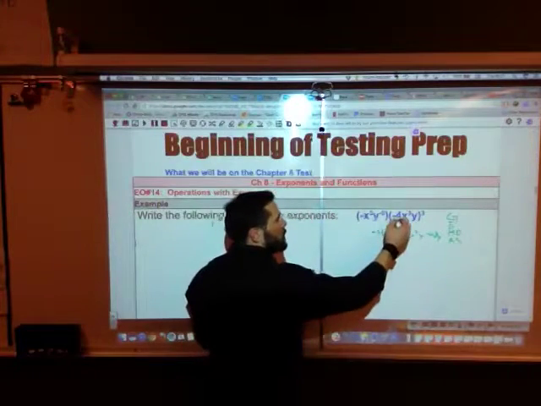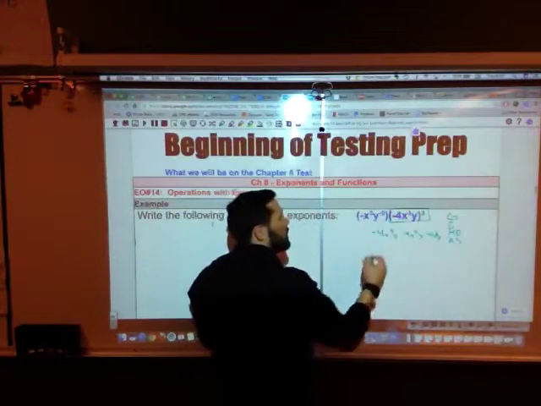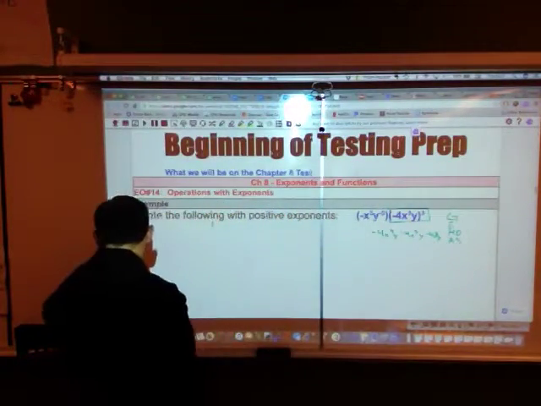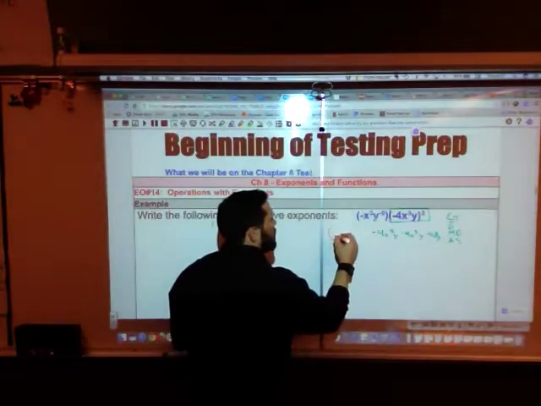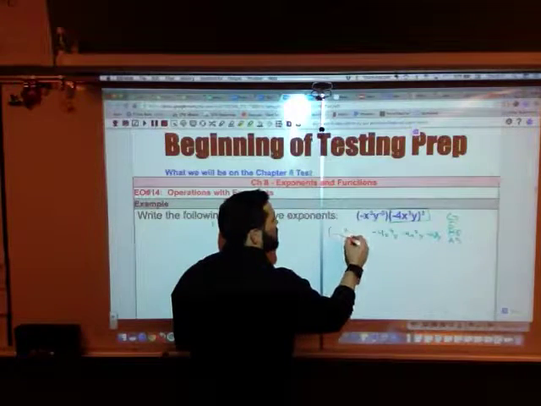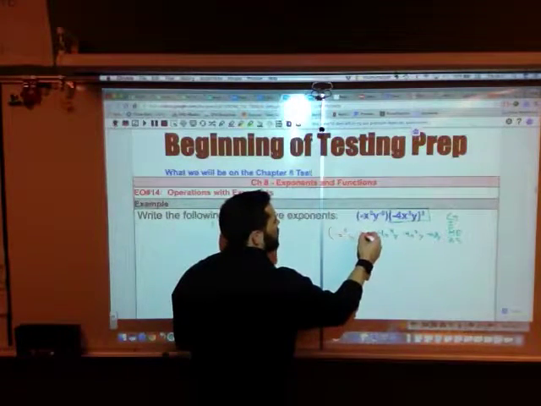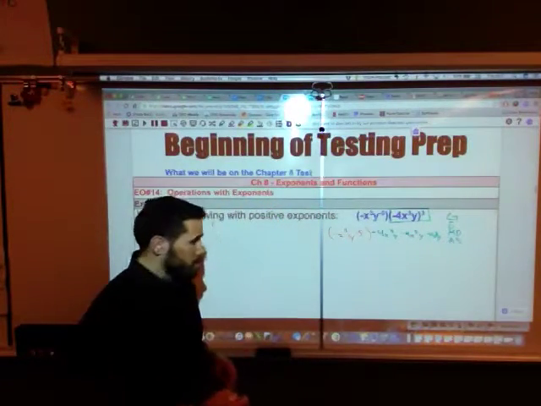That's really what this whole expression stands for. And then that expression is getting multiplied by negative x cubed y to the negative fifth.